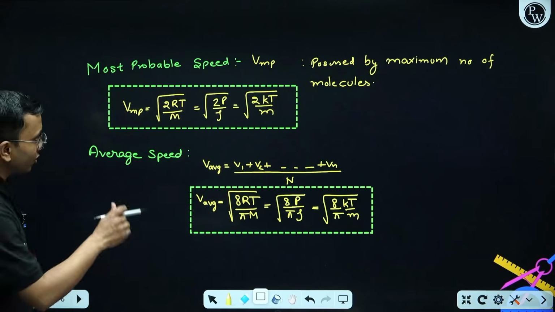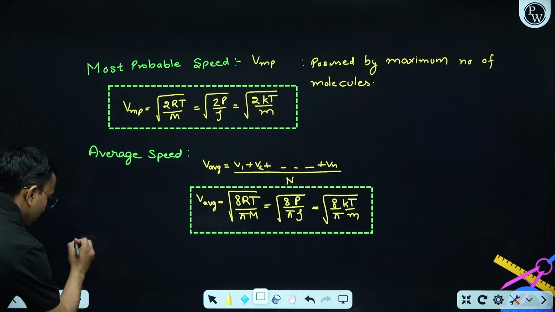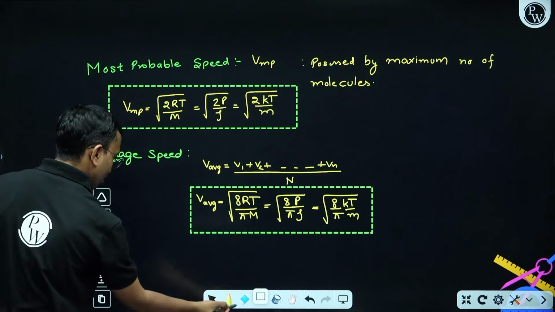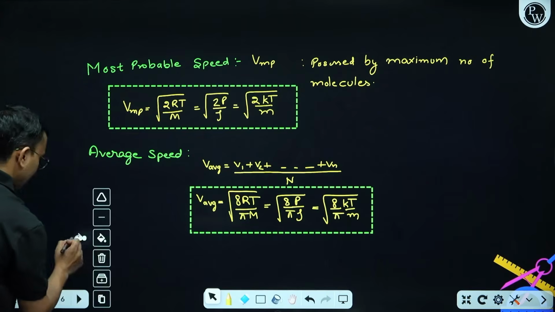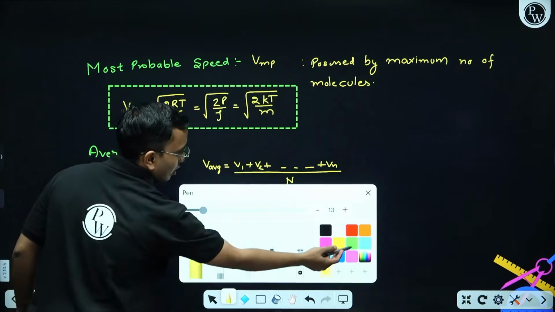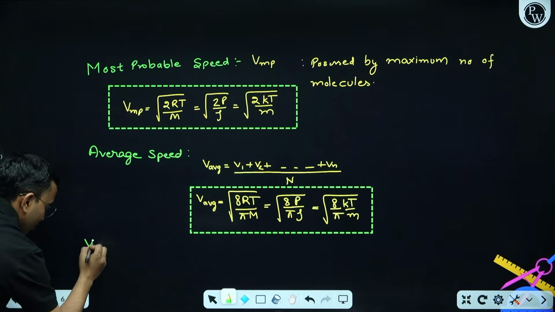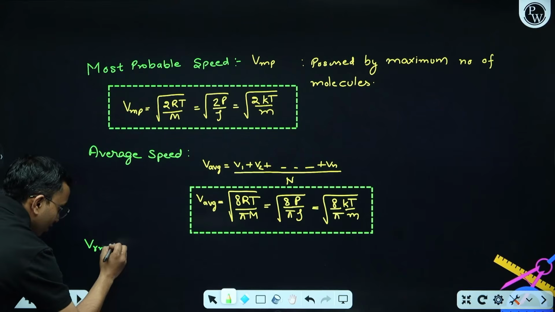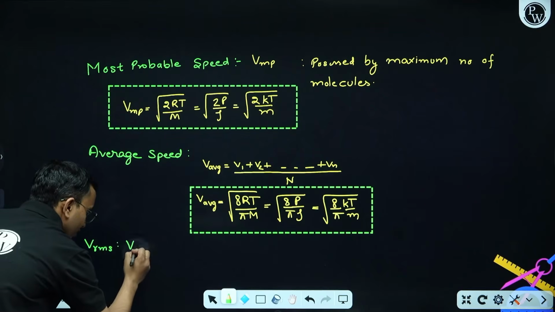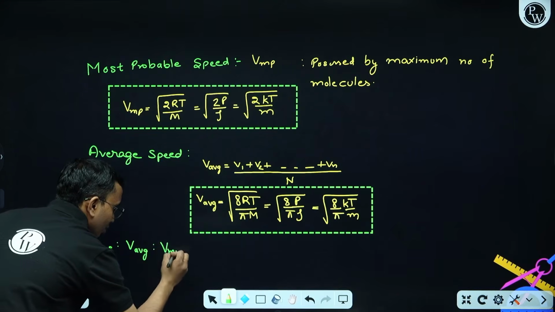So if you take the ratio, let us write the ratio of RMS to average to the most probable.